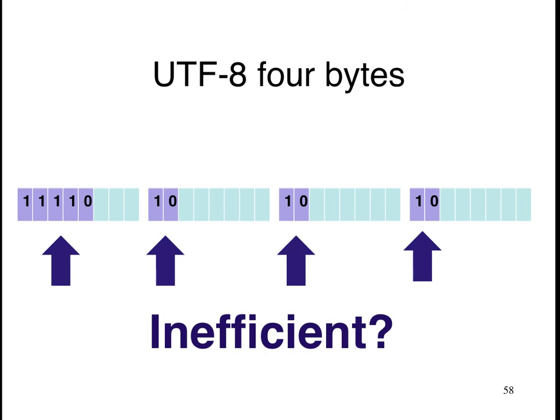But because we have the 4 ones here, we know this is a 4-byte sequence. Once we've seen that we've got 1, 1, 1, 1, we know to expect 3 more bytes. So the question is, do we really need to mark the continuation bytes? Do we really need to waste 2 of every 8 bits when we know there were 3 more bytes coming anyway?